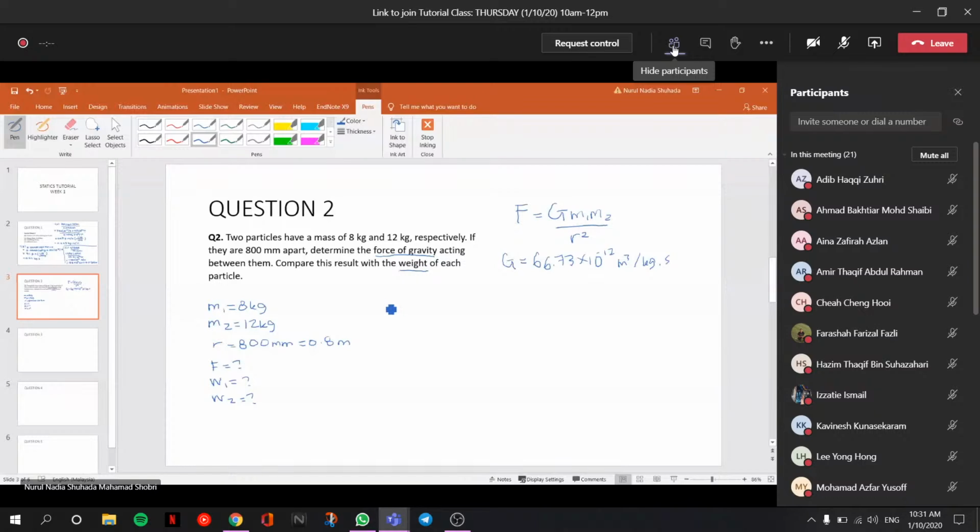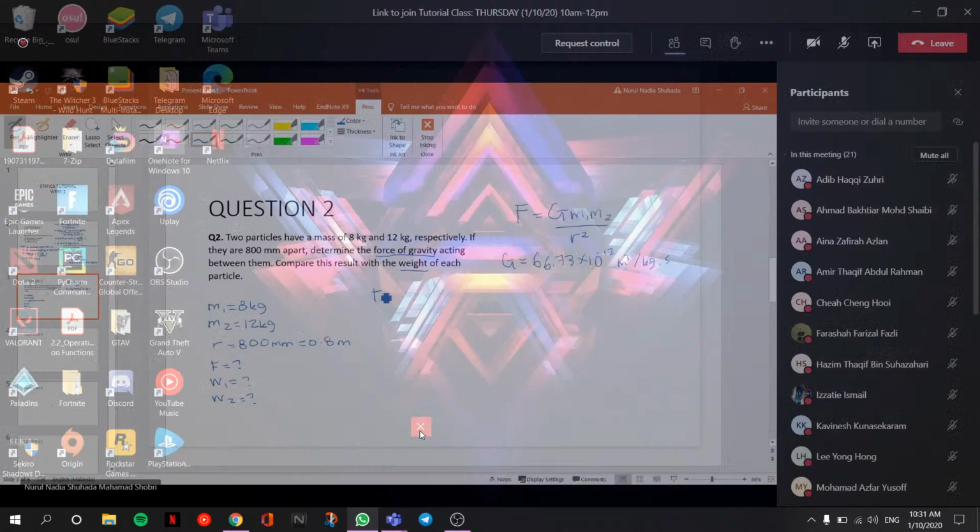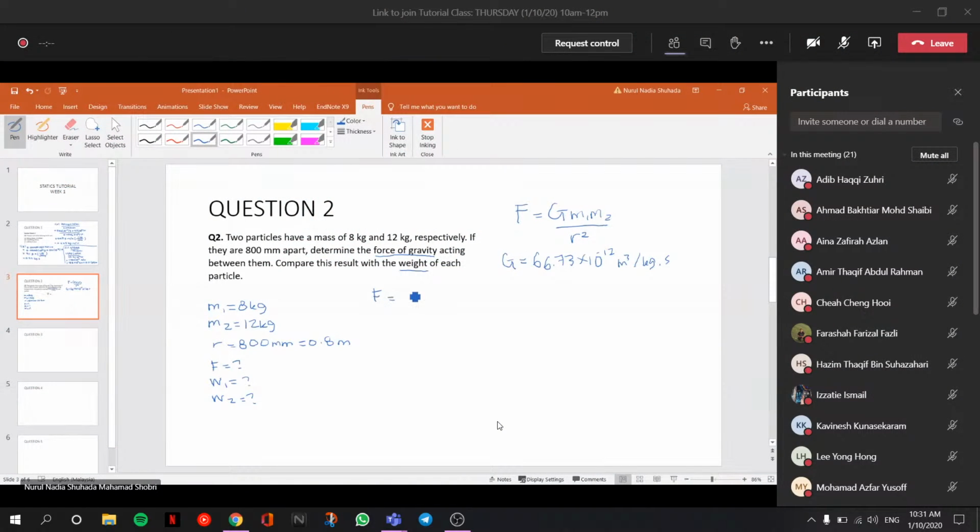Okay, so for the force, you can just use the formula above here, and G is the constant.